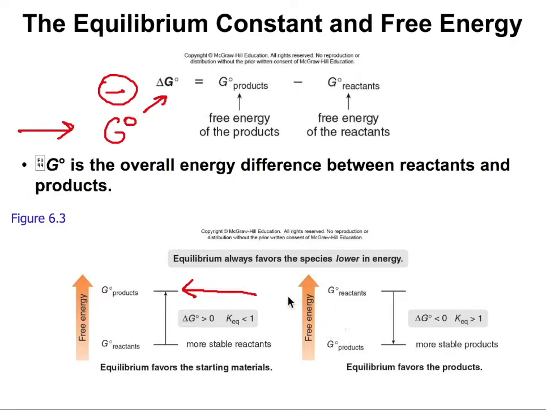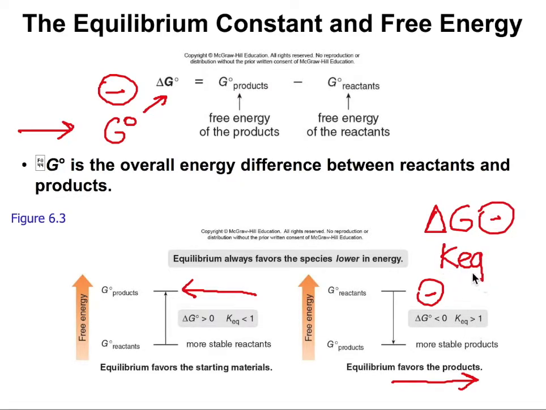On the other side, when the delta G is negative, then the K equilibrium will be larger than 1, and that will favor the products. So we are interested in reactions that have a negative delta G and a K equilibrium larger than 1. This is what we want right there.